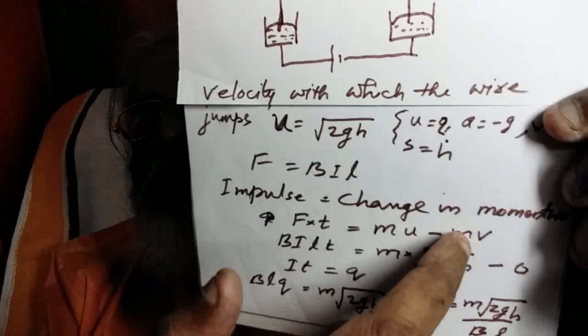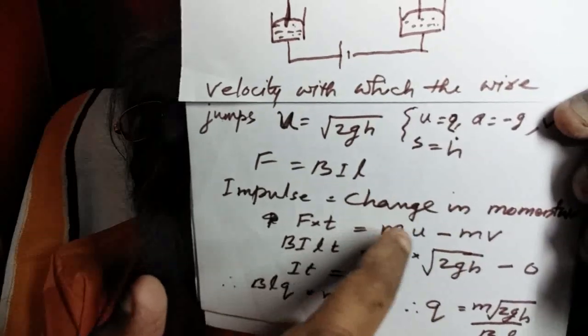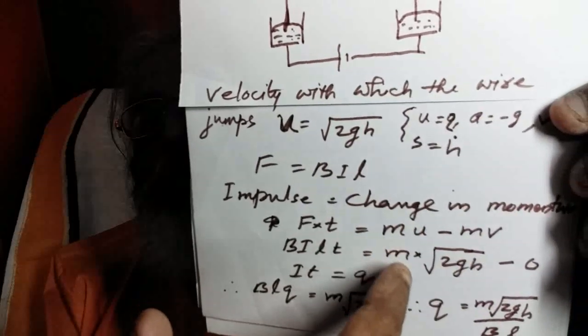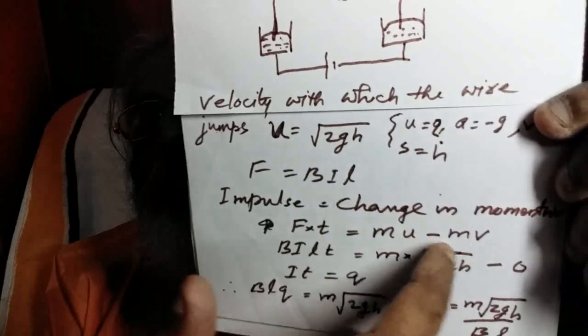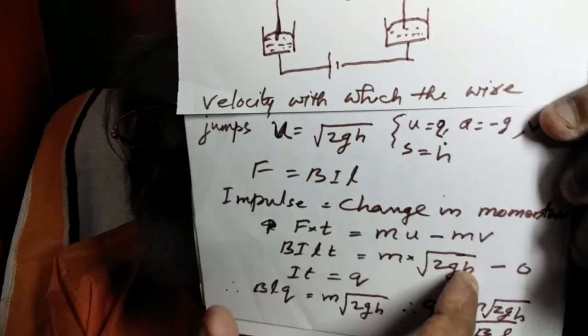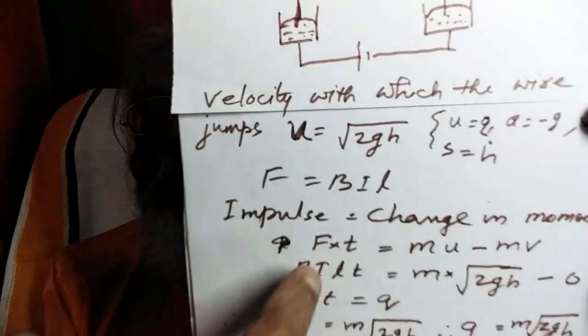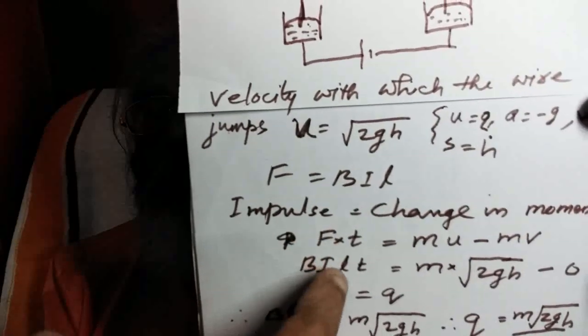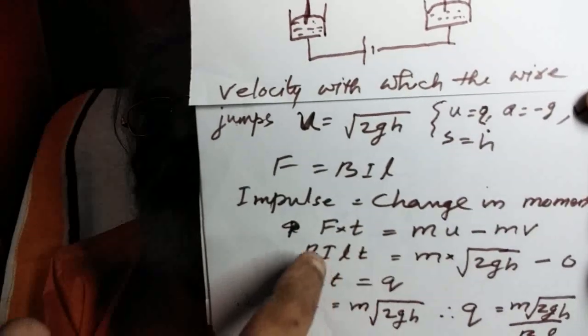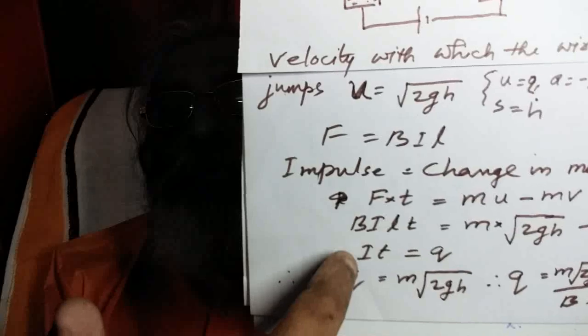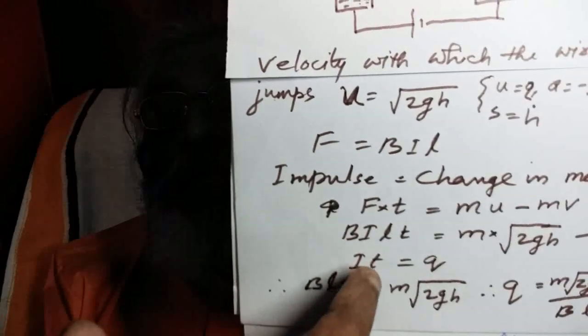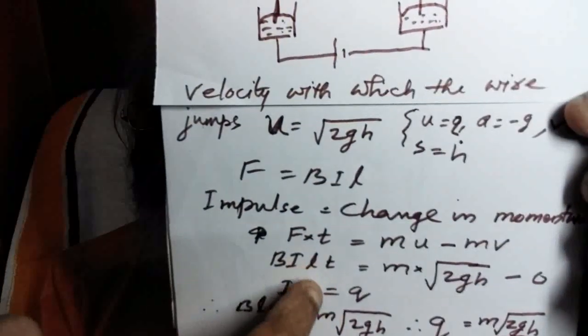Here mv is 0. mu is m into root of 2gh minus 0. F is BIL into t. But we know that I equals q by t, so I into t equals q.